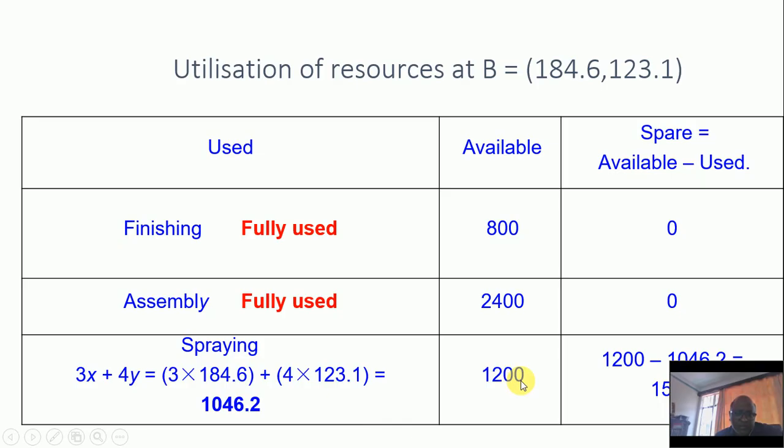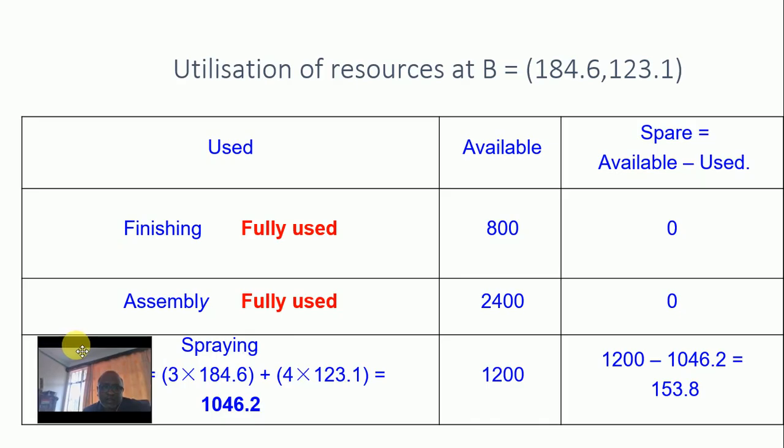was 1200. So all I needed was 1046.2 hours, but my boss gave me some extra time. So I have some spare time left. For spraying, 153.8 hours were completely unused. My boss gave me 153.8 hours extra.